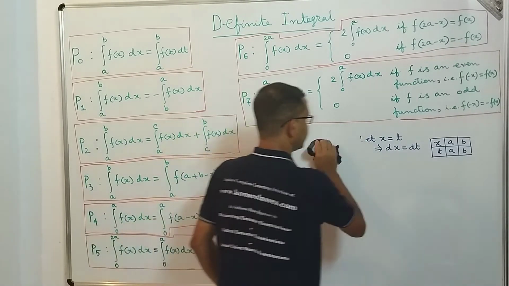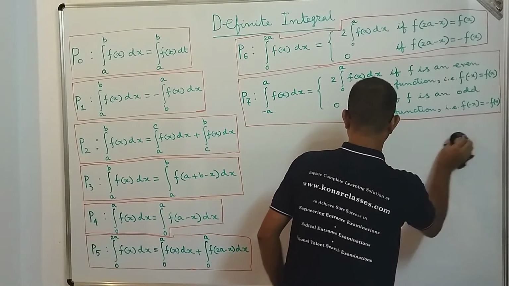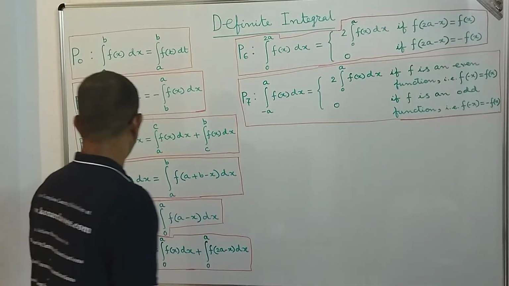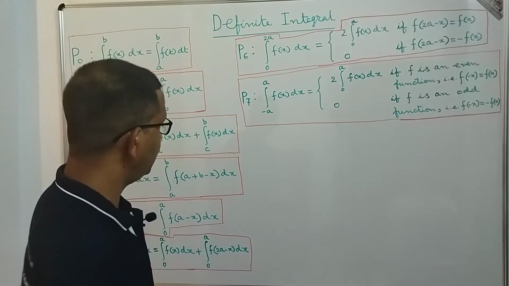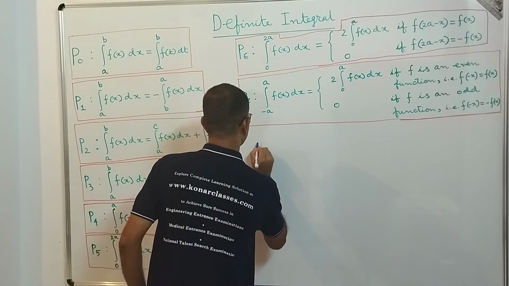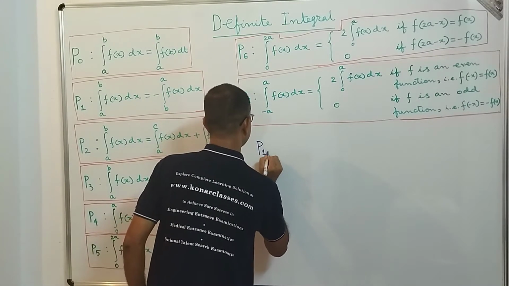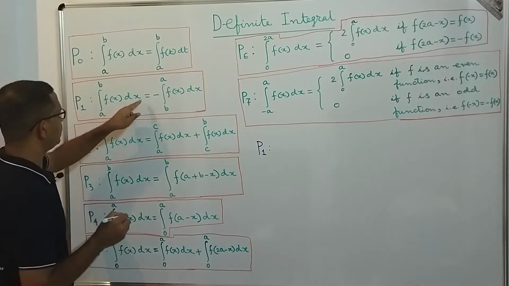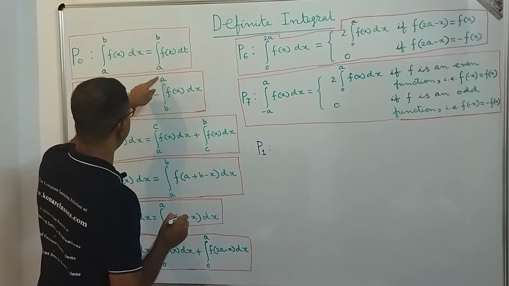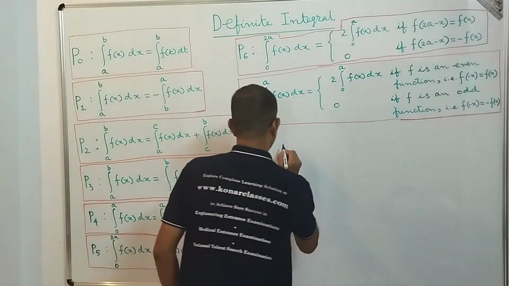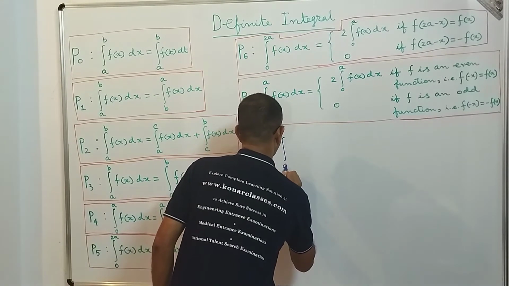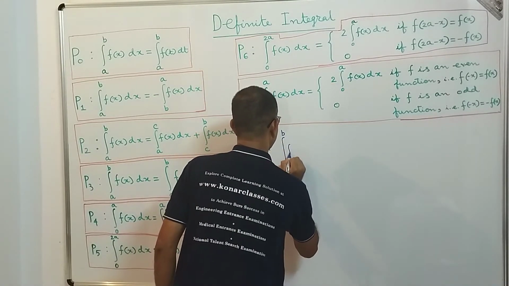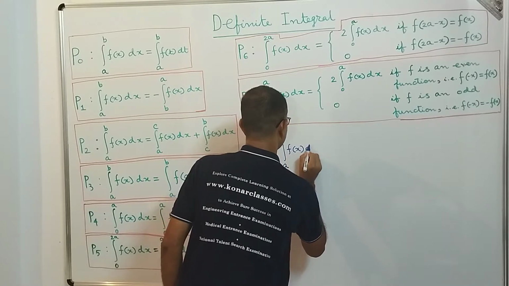Now dear students, let's concentrate on P1. The P1 property says that integration a to b f(x) dx is equal to minus integration b to a f(x) dx. So let's now think about integration a to b f(x) dx.